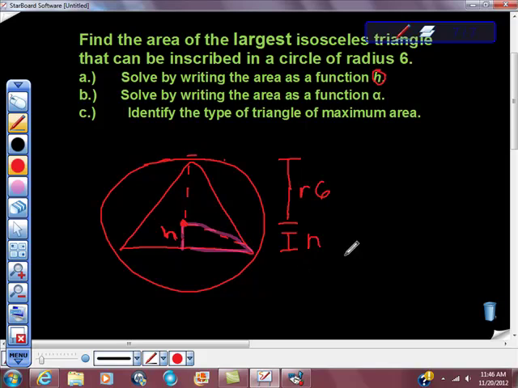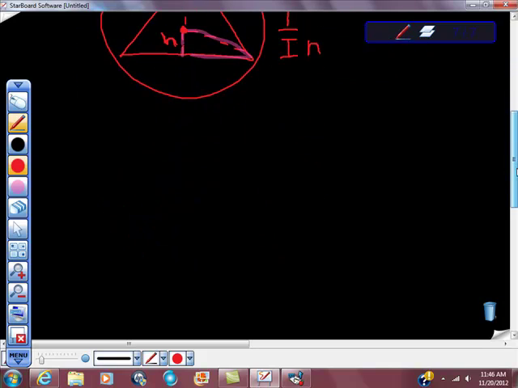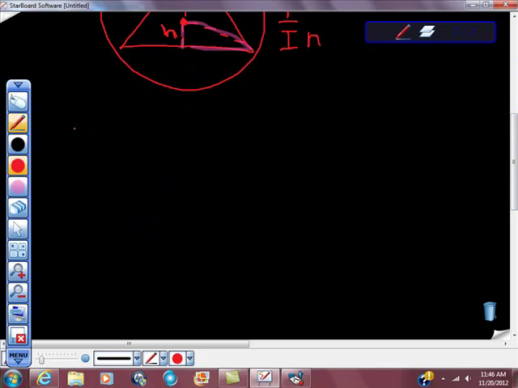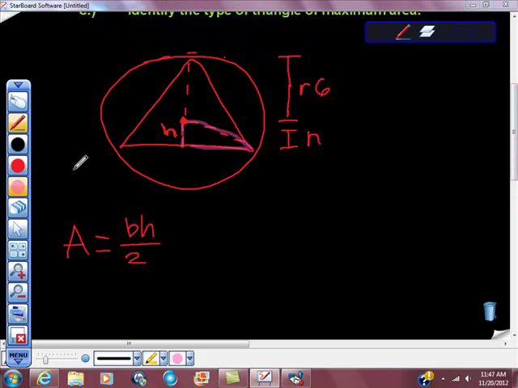What we're going to do is find h through the standard formula, since our area is equal to base times height divided by 2 for a triangle. And what we know is, back at the top, that we form a right triangle, so we can do that to find our base.